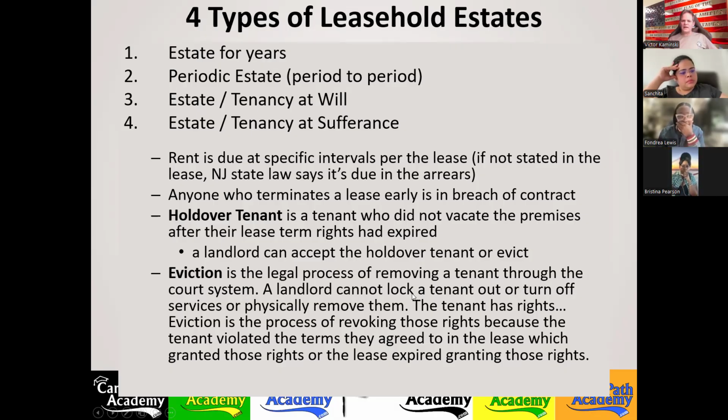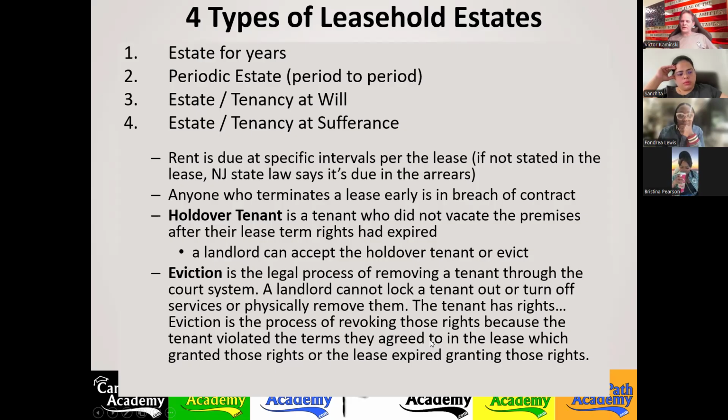A landlord cannot lock out a tenant, turn off their services, or physically remove them. Tenants have rights, and New Jersey is a tenant rights state where they really favor the tenants more than landlords. So eviction is the process of revoking the rights that were granted to the tenant because the tenant violated the terms in the lease that granted them those rights to begin with.